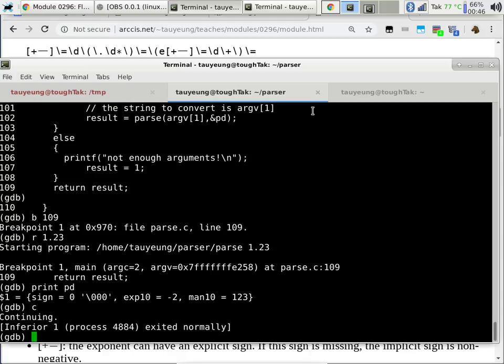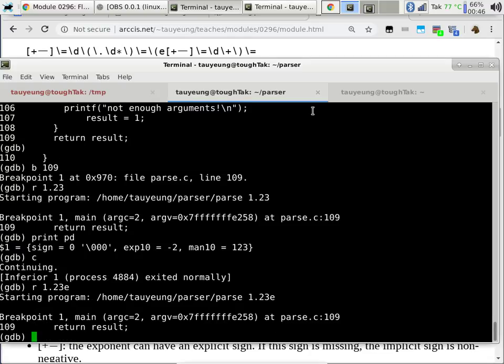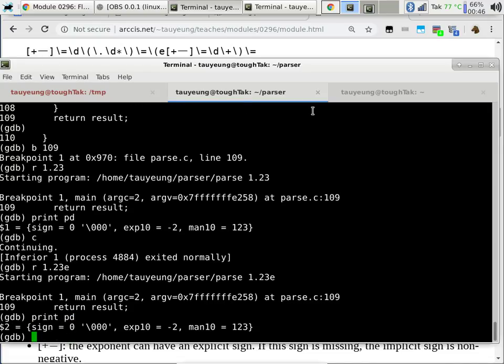So this time we'll check and see whether it can spot problems, okay? I'll run again with 1.23 and then just an E, but without a number after that. As I said a little earlier, this is syntactically incorrect. It is not consistent with the regular expression, and we know this is going to return a code of 2. So we'll run this, press the enter key. It doesn't really matter what the structure has at this point, but it has the right information all the way up to here because the exponent is not actually specified.